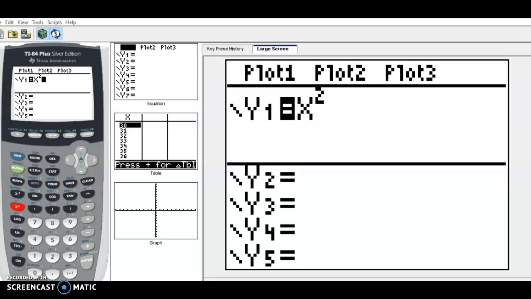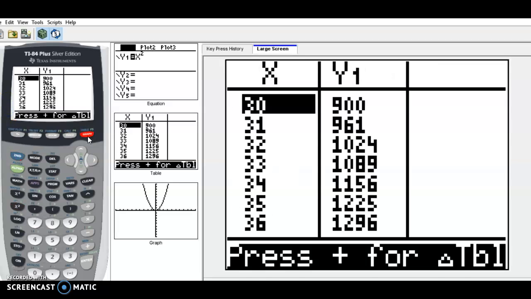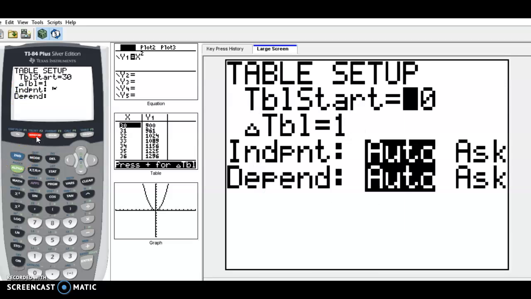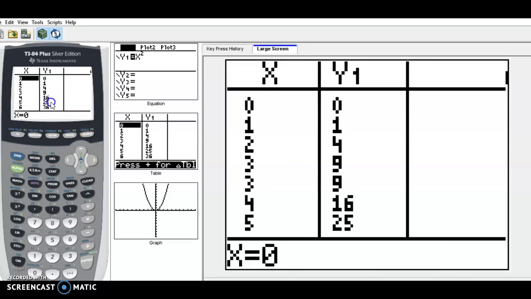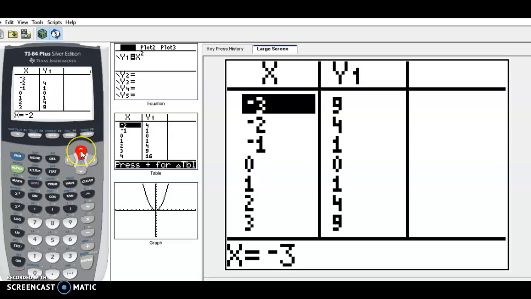I'll let everybody get a chance. Is the table, in the sense that this is x squared. So second graph, and I am way out of whack here, so let me get myself to 0. So I'm going to start my table at 0. And if you didn't follow what I just did, that's okay. Scroll up or down until you see the table at 0.